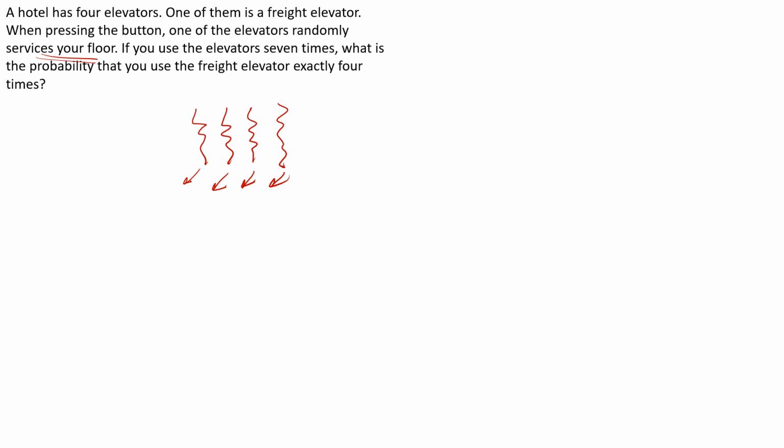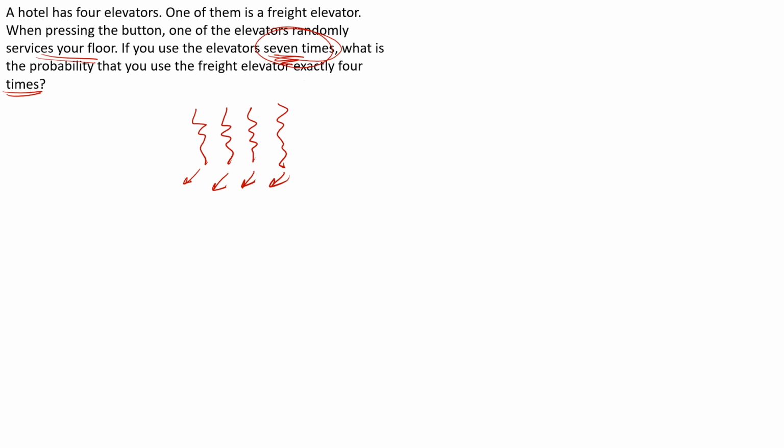If you use the elevator 7 times, okay, what is the probability that you use the freight elevator exactly 4 times? So understand that there are two scenarios, okay? The scenario number 1 is that you are using the elevator 7 times.